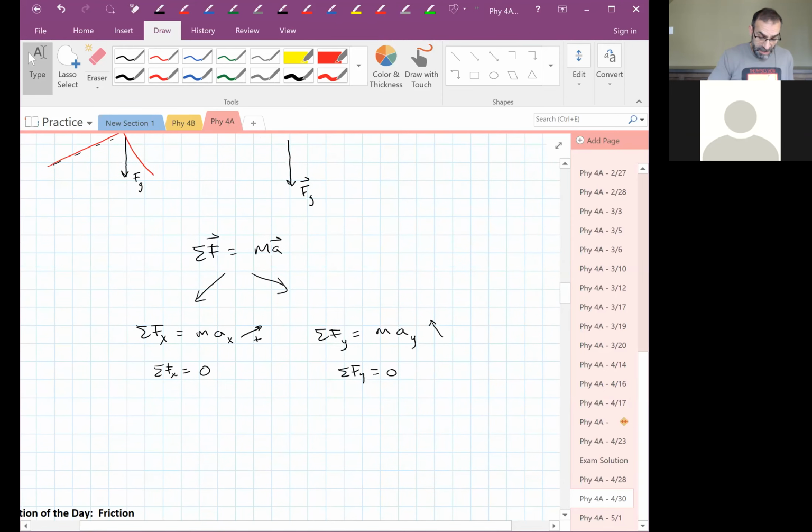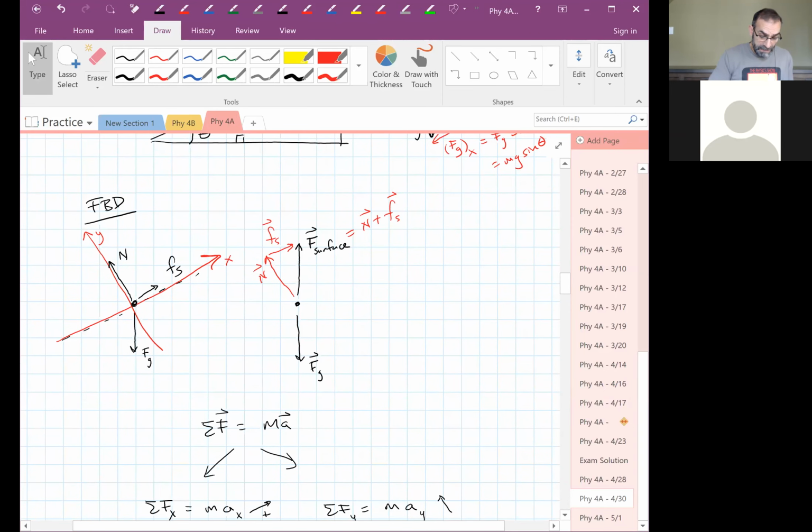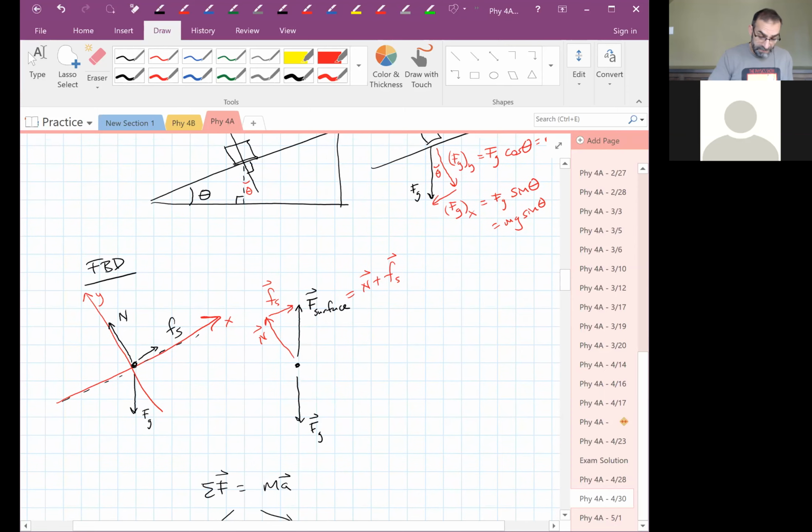Okay, so let's come down here now. We're adding up the sum of the forces in the x. I could draw one more free body diagram here in component form. So I've got my object. I'm going to leave my incline at an angle like this.